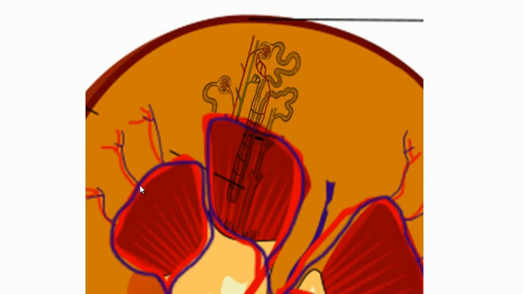So at the base of this pyramid, so this is the apex where the papilla is, and at the base you've got an artery called the arcuate artery, and this gives off some branches laterally at a sort of 90-degree angle. So these vessels are called interlobular vessels. So you've got an interlobular artery and an interlobular vein, and you've got an arcuate artery and an arcuate vein.